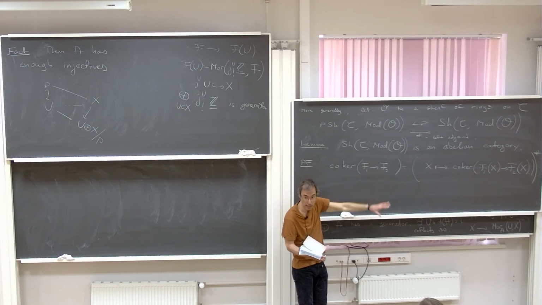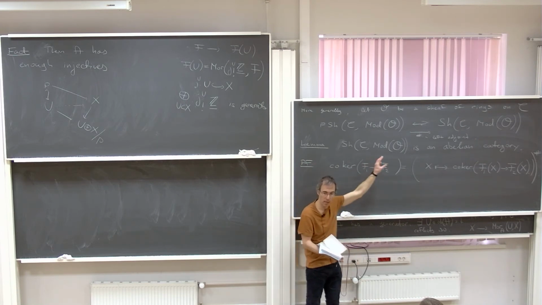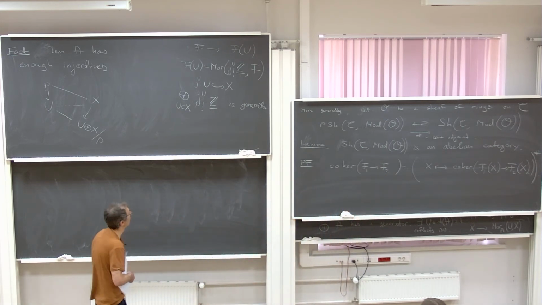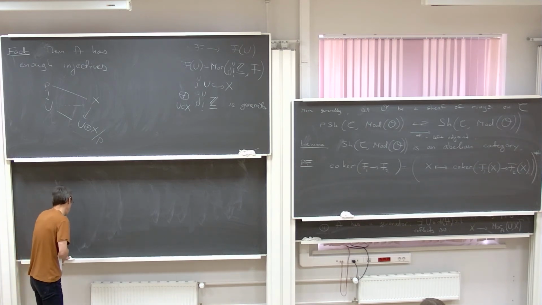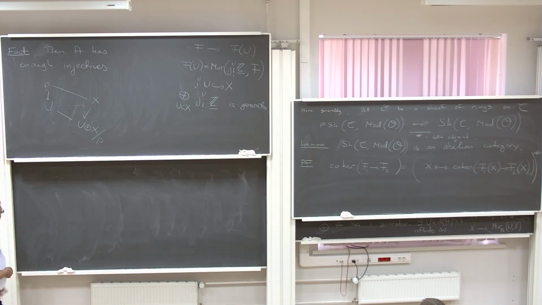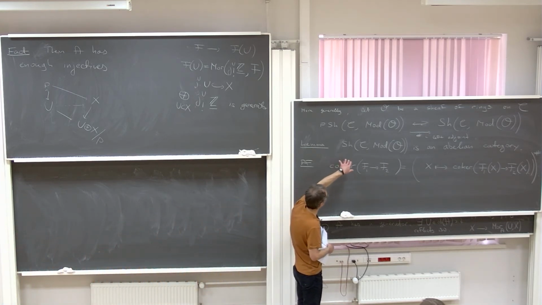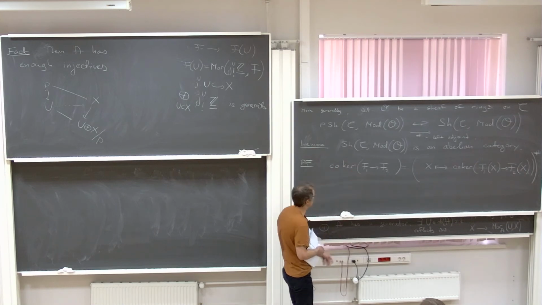Explicitly, you pick an object, you pick an injective resolution, you apply your functor term-wise, and then take homology. That's the construction. But derived functors can be, again, characterized by a universal property, and you need enough injectives to prove the existence.